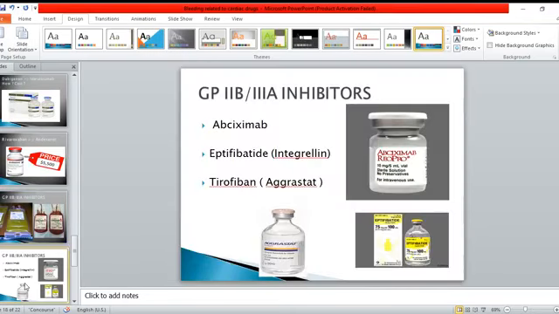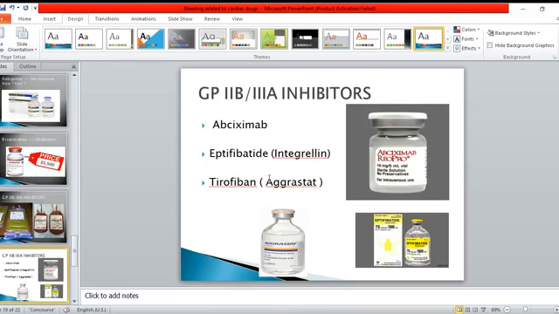These are the commonly used glycoprotein 2B3 inhibitors. Abciximab is a monoclonal antibody, and you have eptifibatide or integrilin and tirofiban, or Aggrastat.